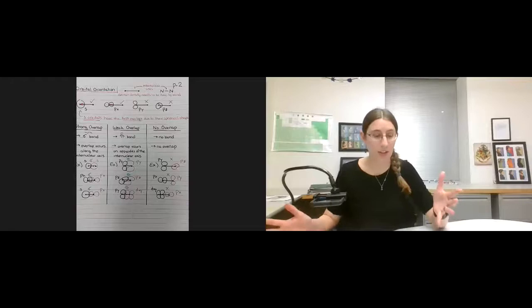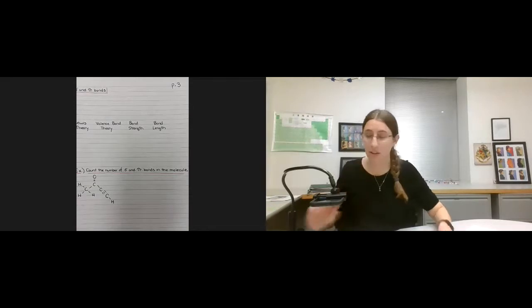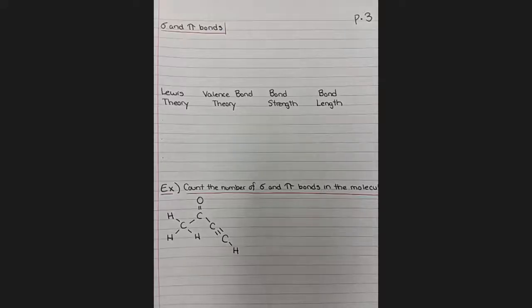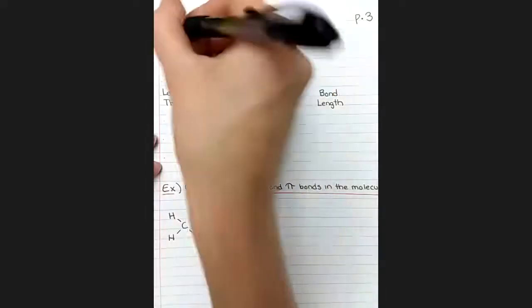So sigma and pi bonds are going to come up again later, but for right now, we just need to know that sigma is stronger than pi. And we're also going to need to know which bond we see first. So the sigma bond is always the first bond to be formed because they have the first pick of the best overlap orbitals. So let's add a note about that.